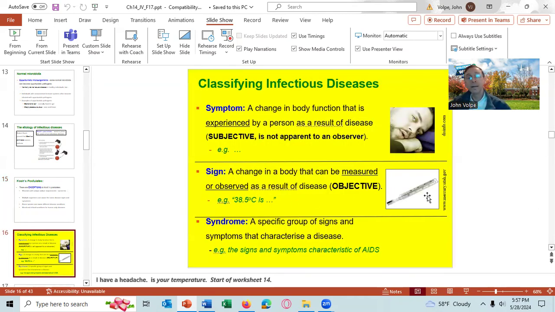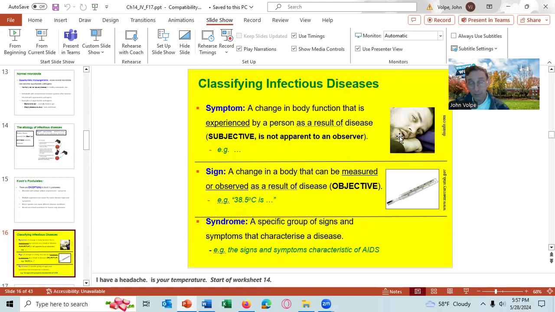If not, let's talk about classifying infectious diseases. There are 3 terms you need to know. A symptom is a change in body function that is experienced by a person as a result of disease, but nobody else can measure or know about that symptom, meaning it's subjective. It's not apparent to an observer.